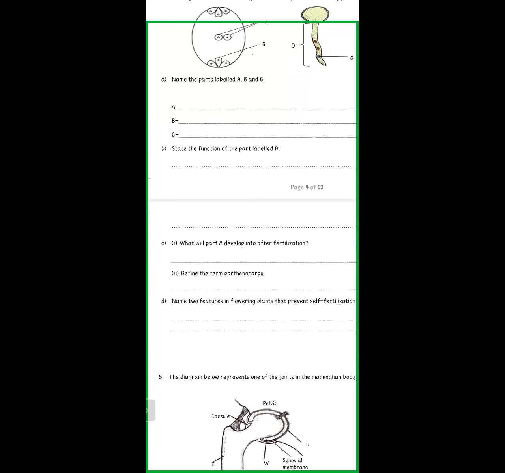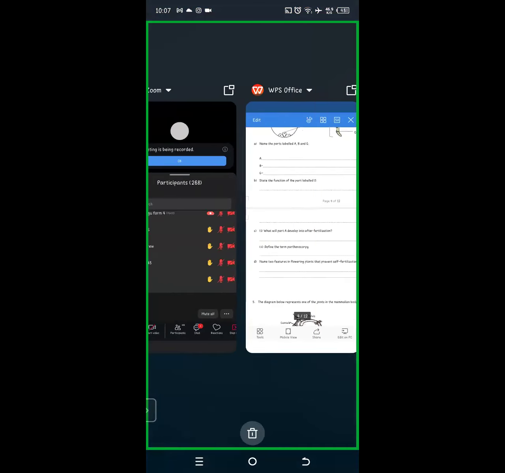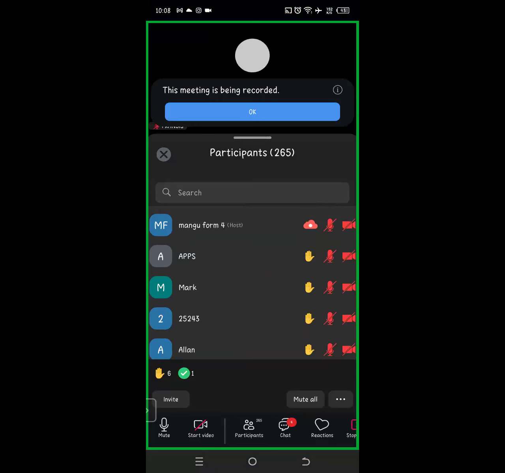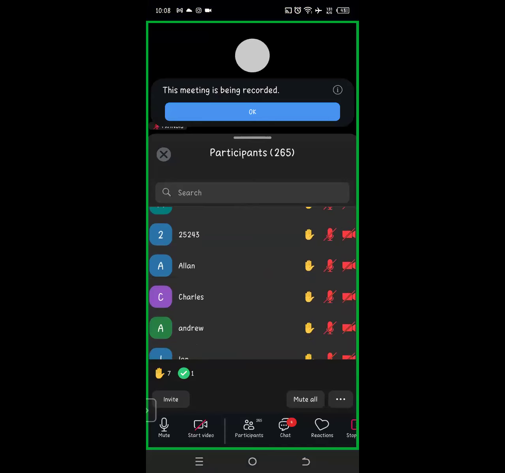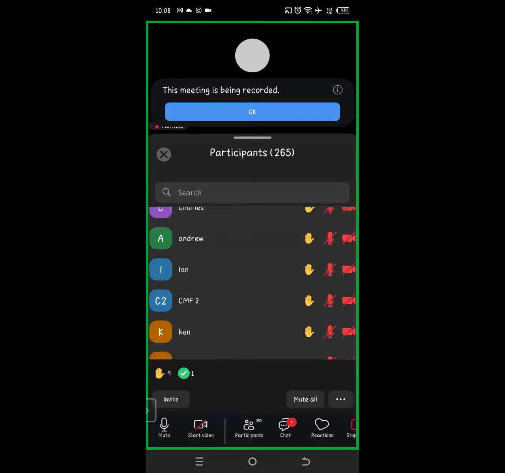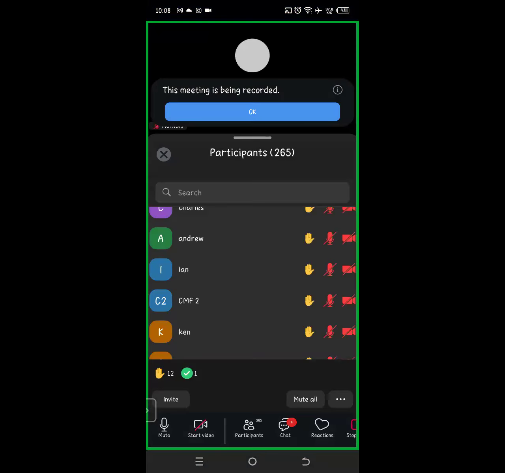Define the term parthenocarpy. How can we define the term parthenocarpy? Or how is the term parthenocarpy defined? Yes, any new faces? Can see Charles, Andrew, Ian. So let's go for CMF2. CMF2, you can kindly unmute and speak.